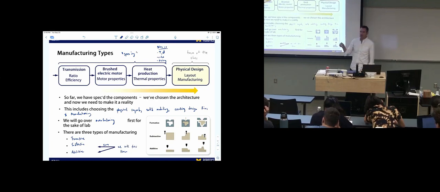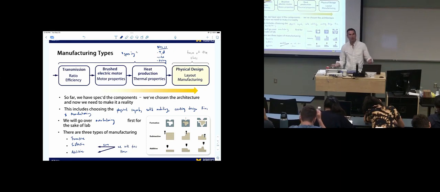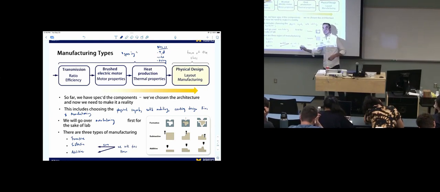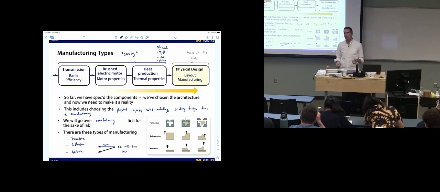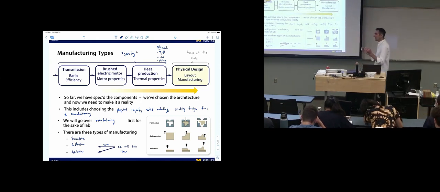So we might do an injection mold or a cast. Subtractive is we're usually milling or lathing. We're going to cut a part out of a block of material. And additive, we're going to create a part from a different type of material. We're going to build the part up. We're going to focus on subtractive and additive only in the context of rapid prototyping. So we're not going to talk about all types of manufacturing, or at least just touch on it. We're mostly going to focus on the things that you would need to build rapid prototyping robots.